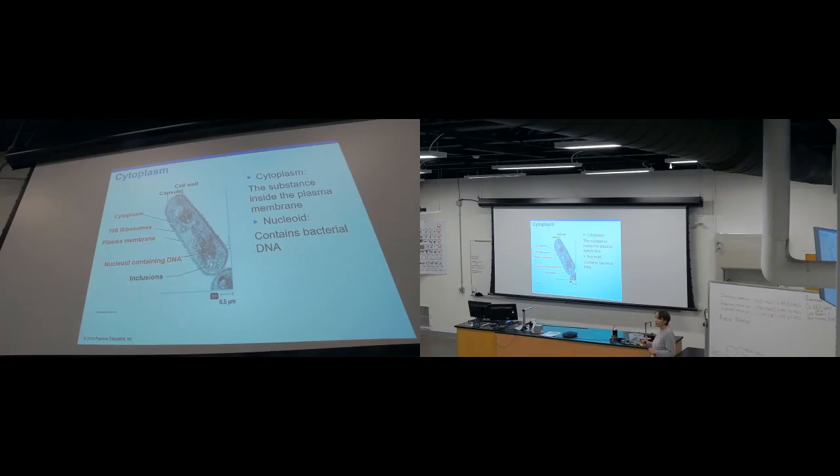Cytoplasm is the substance that is located inside the plasma membrane, and it helps to hold ribosomes and the nucleoid, which is the molecule that is the DNA in the case of bacteria. So here we have then the cytoplasm as seen in this transmission electron micrograph, and this is the nucleoid that has the DNA.